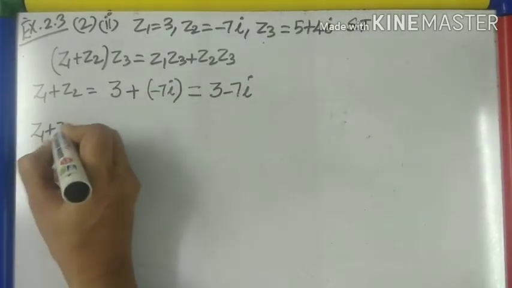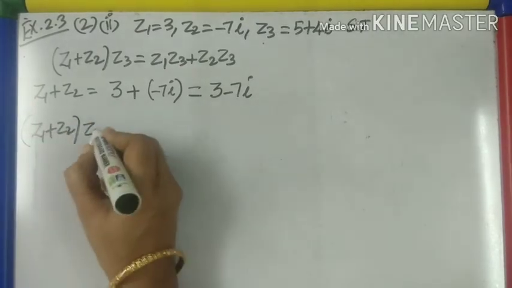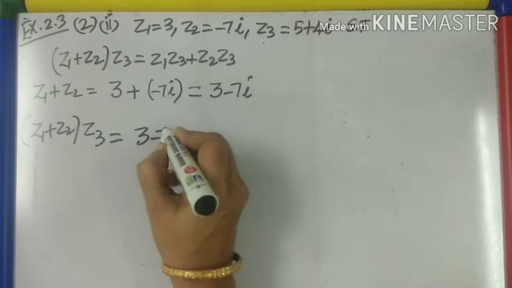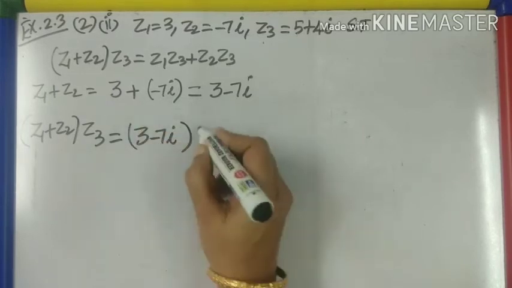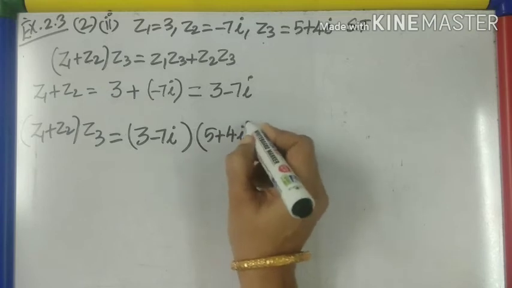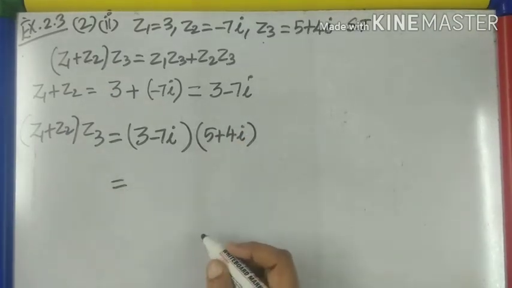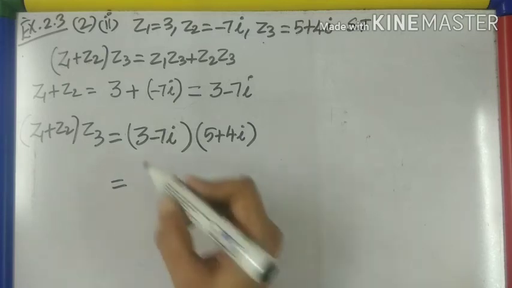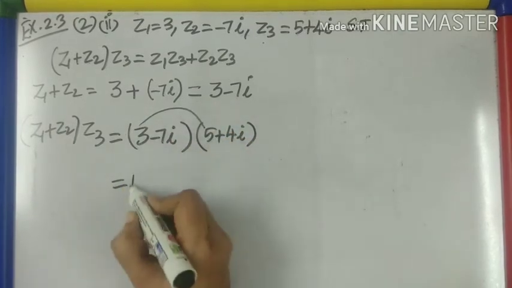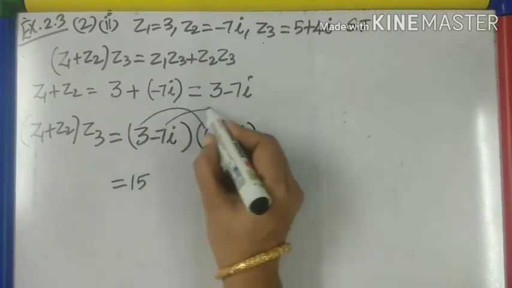So (Z1 + Z2) × Z3 equals, Z1 plus Z2 is 3 minus 7i into Z3, which is 5 plus 4i. When both are complex numbers, with i, without i, let us remember this multiplication procedure, real and real. 3 5s are 15.